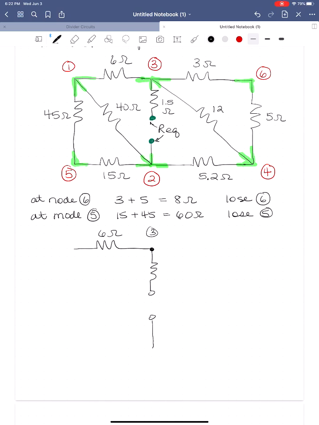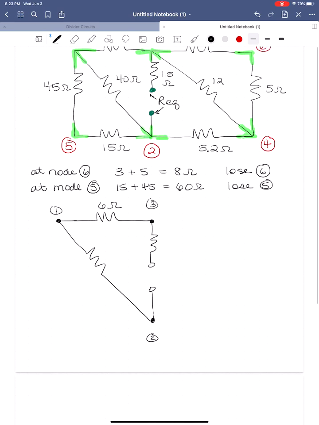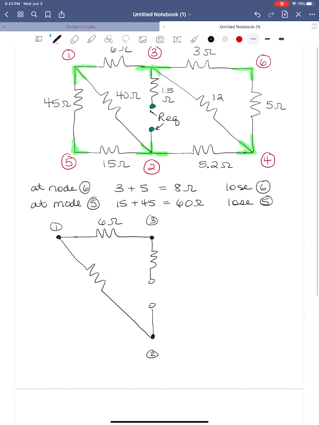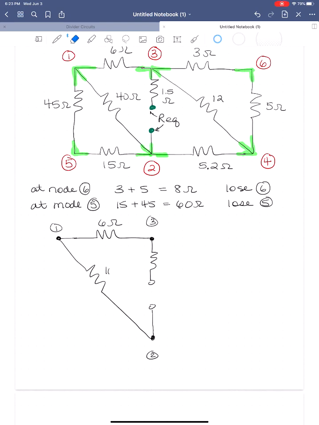So the 6 ohm resistor is still there. Down here, this is node 2, and this is node 1 here, and it helps sometimes to draw the nodes. Between node 1 and node 2, I still have that 40 ohm resistor. This is still 1.5 ohms.